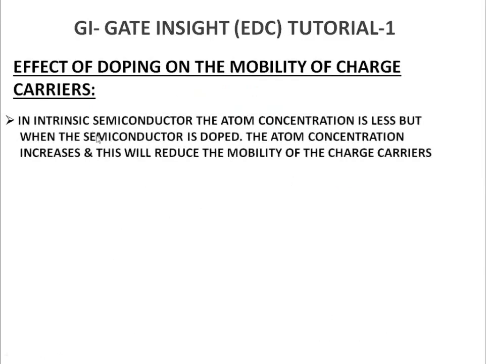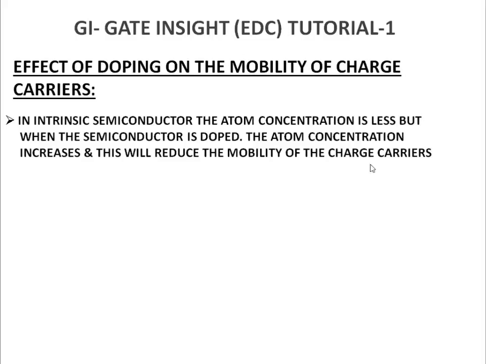So the effect of doping on the mobility of charge carriers. In an intrinsic semiconductor, the atom concentration is less, but when the semiconductor is doped, the atom concentration increases, and this will reduce the mobility of the charge carriers. Doping is basically adding of impurity. So whenever you add impurity, the atom concentration increases.